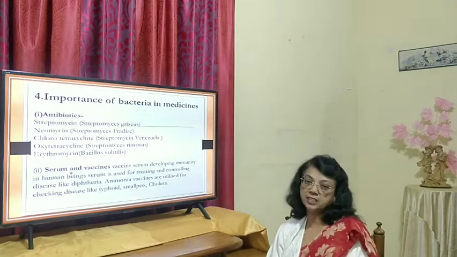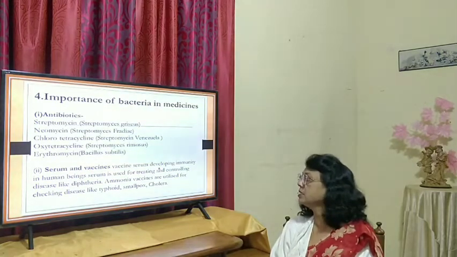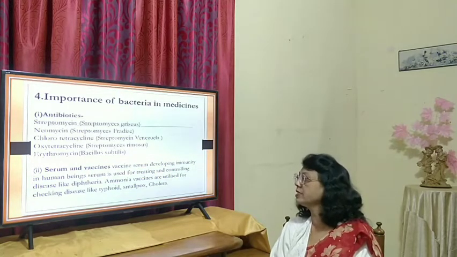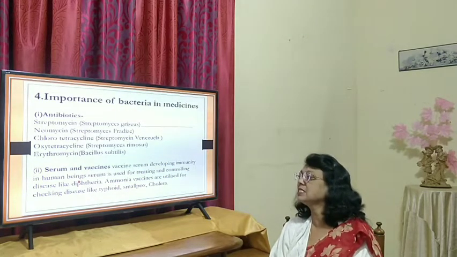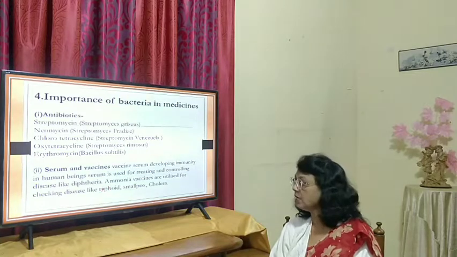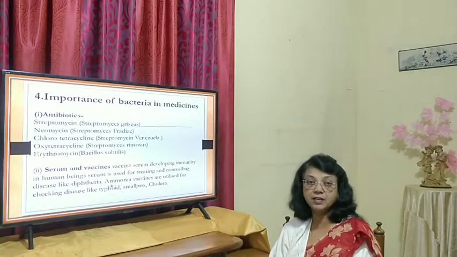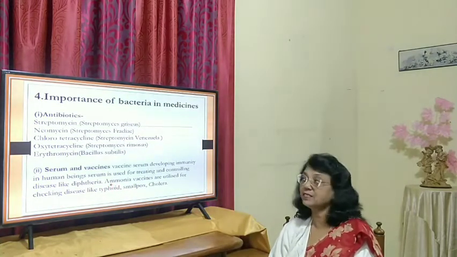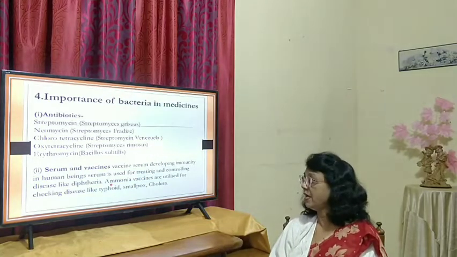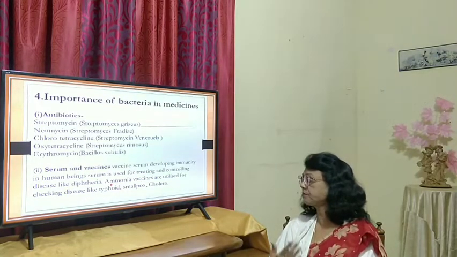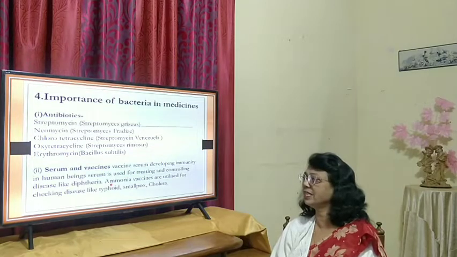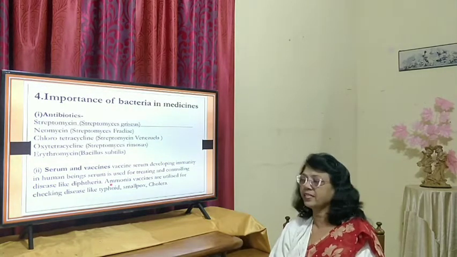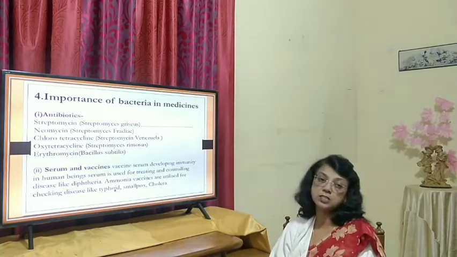Serum and vaccines. Vaccines develop immunity in human beings. Serum is used for treating and controlling diseases like diphtheria. You know, vaccines are given. These vaccines are used for checking diseases like typhoid, smallpox, and cholera.